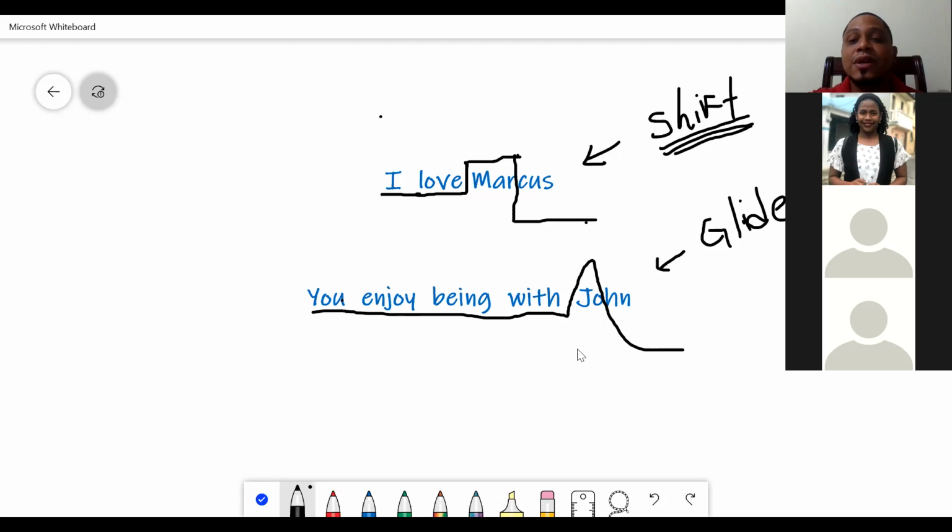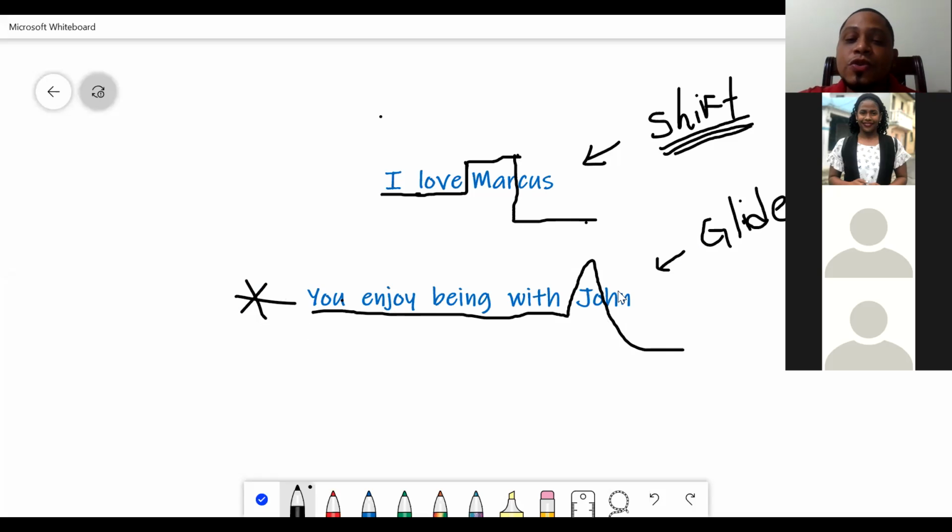That's the difference between glide and shift. Shift happens between syllables, but glide happens in the same syllable. How do you know when you are going to use a shift and when you're going to use a glide? Very easy. Focus on the glide.